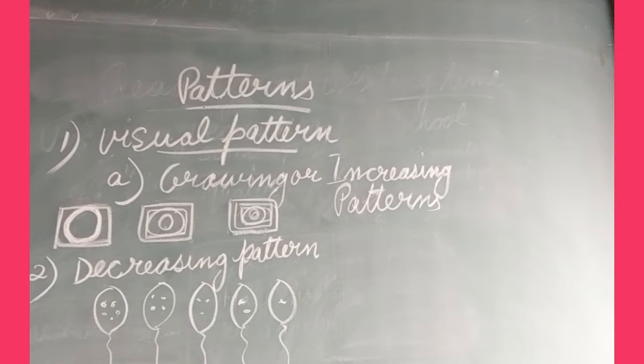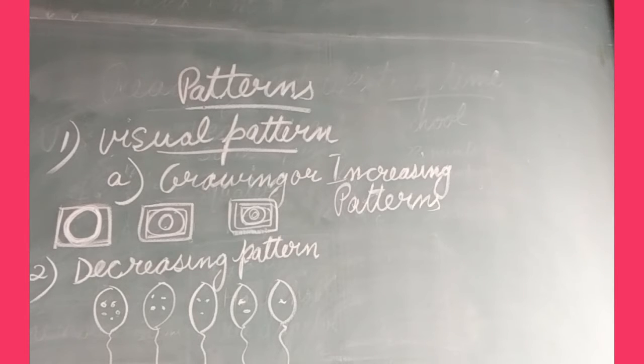So it is clear to you all, number 1 and number 2. Then I will show you number 3 and number 4. In visual pattern there are 4 types. Number 1 is the growing and increasing pattern, number 2 is the decreasing pattern, number 3 is the direction pattern, and number 4 is the repetitive pattern.